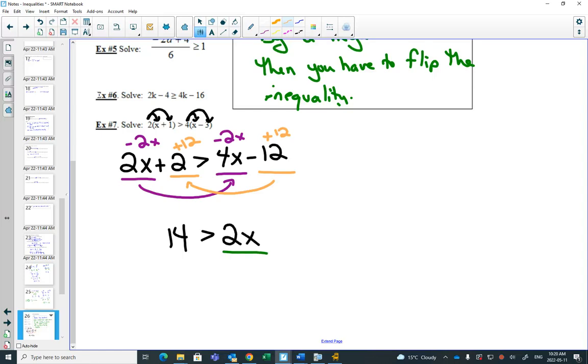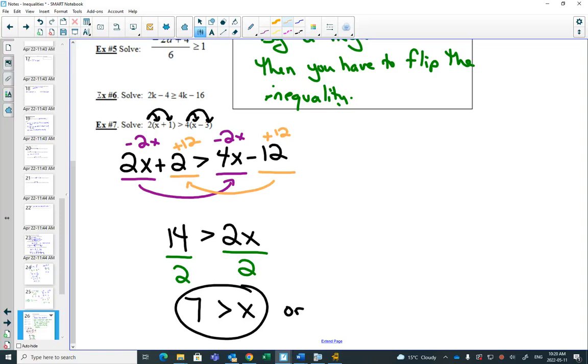Opposite of multiplying by 2 is dividing by 2. And you get that 7 is greater than x, which you can read the other way. X is less than 7.